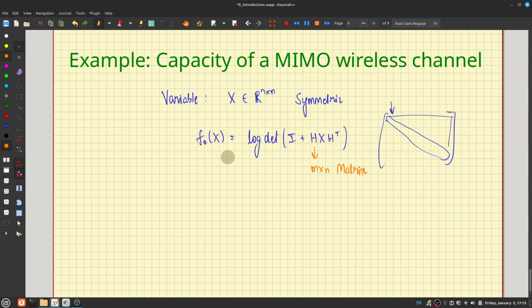Believe me when I say that this objective function is of practical interest in wireless communication. If you've taken a wireless communication course, you may have seen this quantity as the capacity of a wireless channel. The goal is to maximize this quantity.